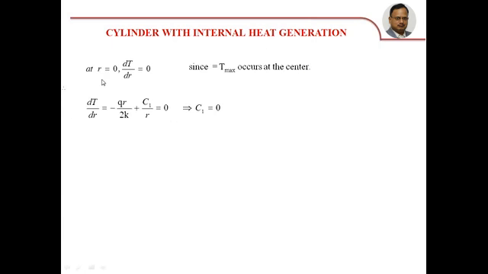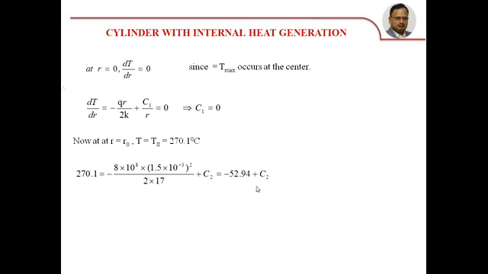Applying the boundary condition at r equal to 0, dT by dr equal to 0, since the maximum T will be at the center, you will get C1 equal to 0. Now applying the second boundary condition at R equal to R naught, T is the surface temperature, 270 degrees centigrade, you will get C2 value as 296.57.